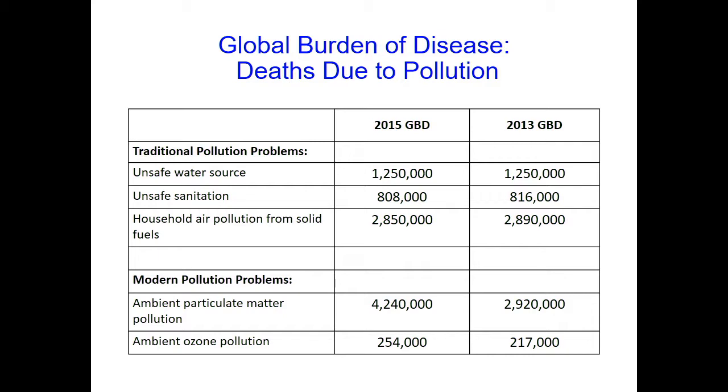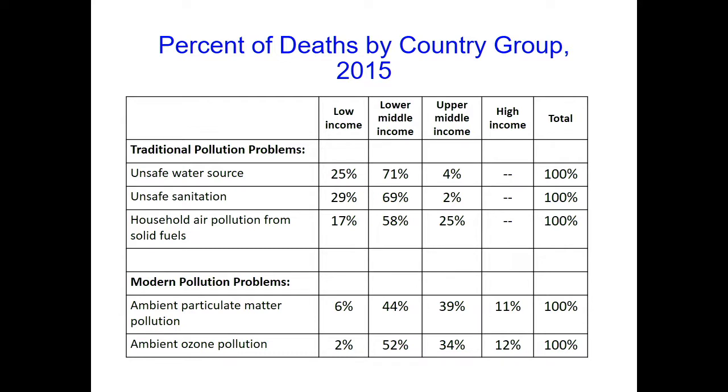We're taking them and then valuing them. And as you can see, these estimates account for about 15% of mortality. And not surprisingly, when you look at the deaths distributed by World Bank income category, low, middle, and upper middle income countries account for the traditional pollution problems, but they also account for most of the modern pollution problems in terms of deaths.